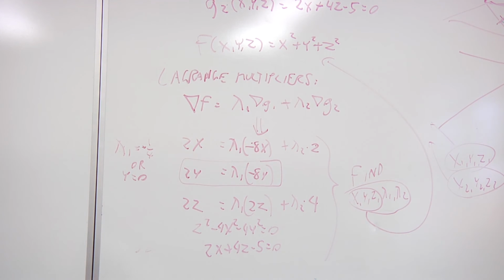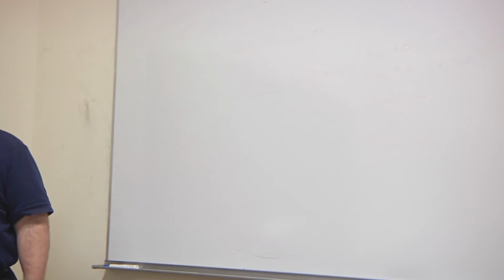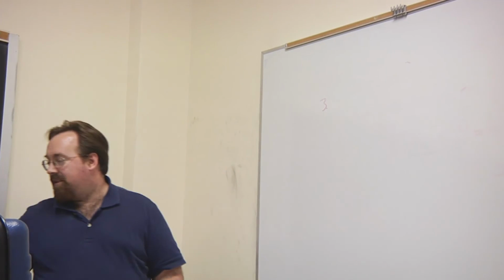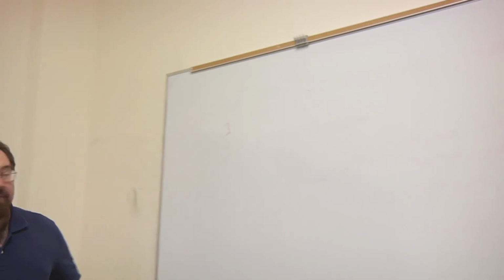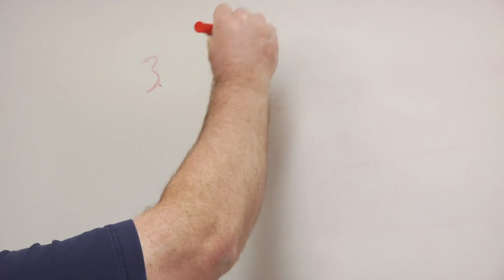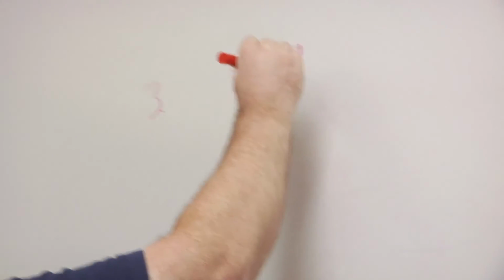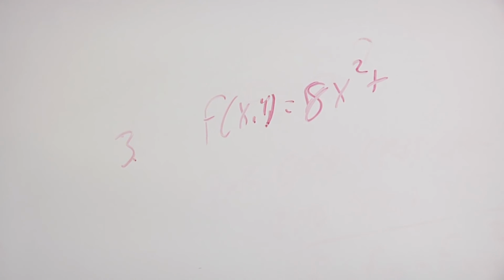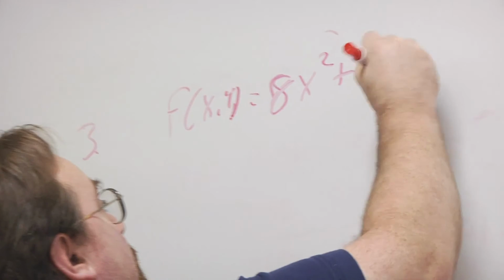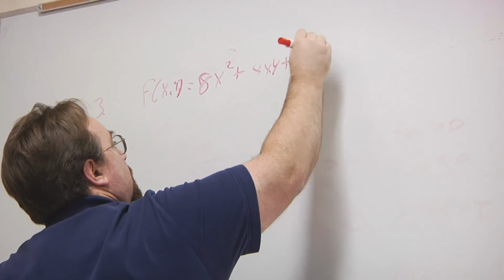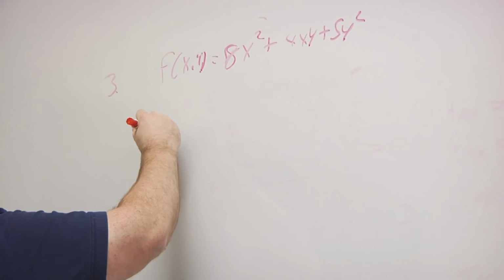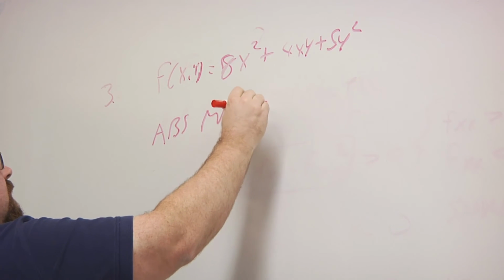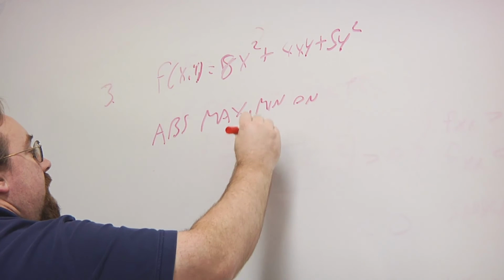Alright, going once. This one really combines aspects of 1 and 2. We have four x y, and you want the absolute max and min on this disk.